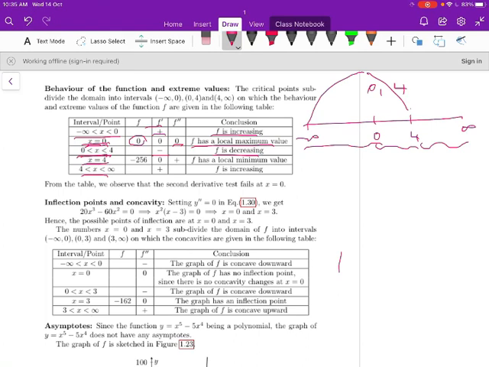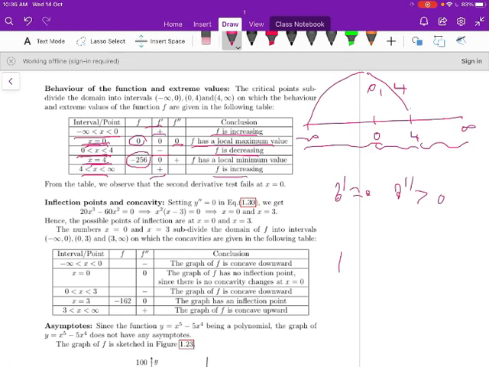At the critical point x equal to 4, f dash is 0 and f double dash is positive. Therefore the function f has a local minimum value at x equal to 4. For 4 to infinity the derivative is positive, therefore f is increasing.